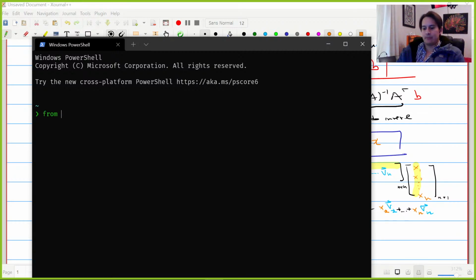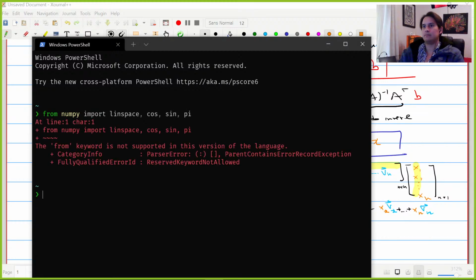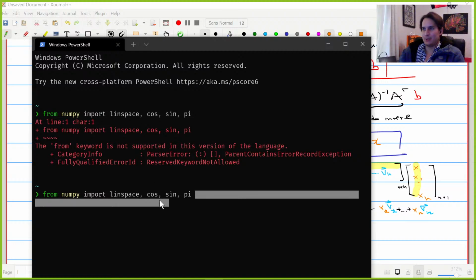Okay, so first I'll start by importing some functions. For example, linspace, cosine, sine, pi. Ah, I forgot to start the Python.